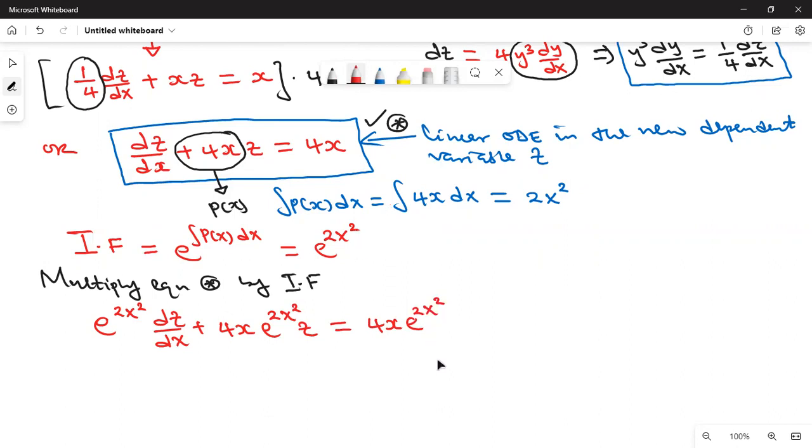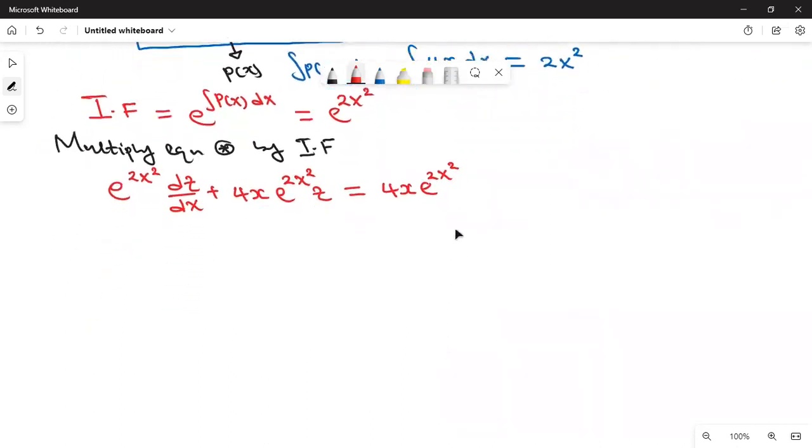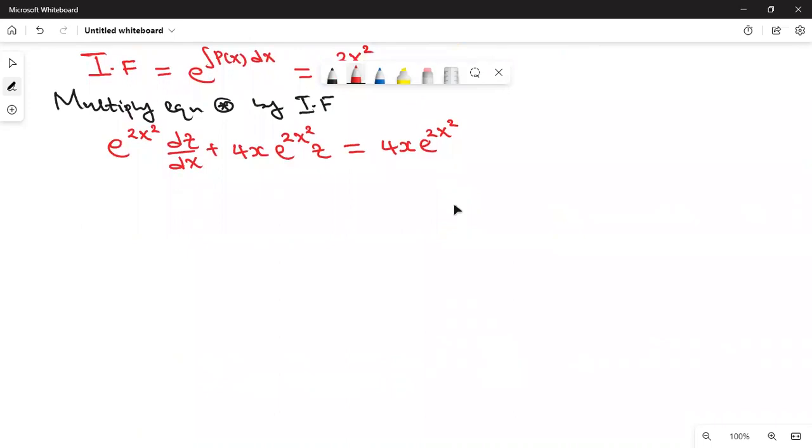Now take note how the left-hand side can be rewritten. Remember, we have explained this, that once you have multiplied a linear ODE by the integrating factor, then the left-hand side can be rewritten as the derivative with respect to the independent variable, in this case x, of the product of the dependent variable, which is z, and the integrating factor, which is exponential 2x squared.